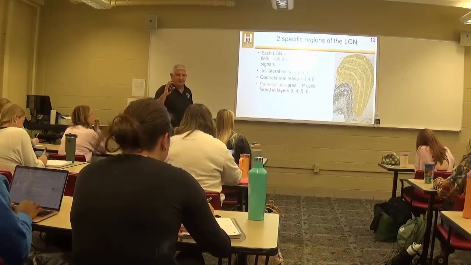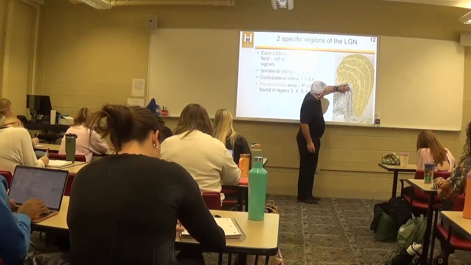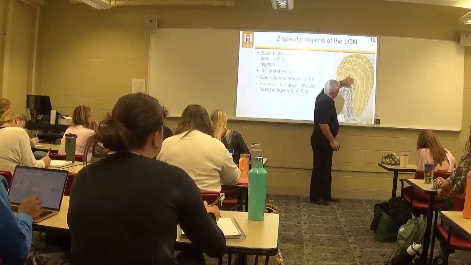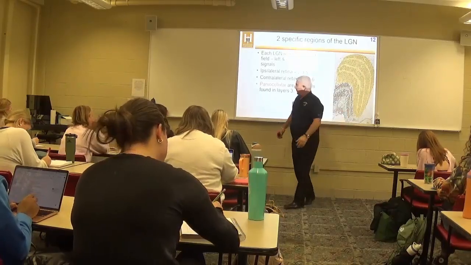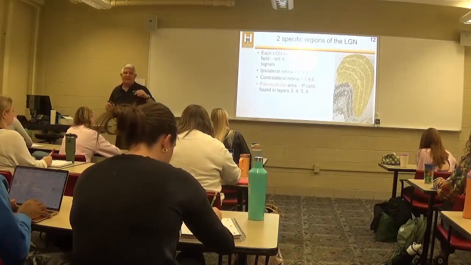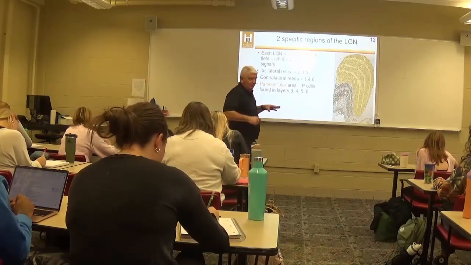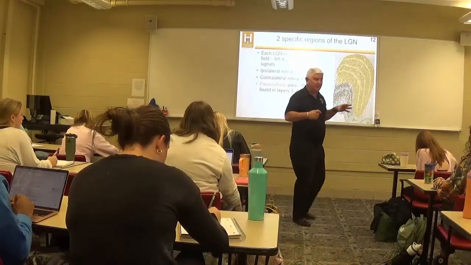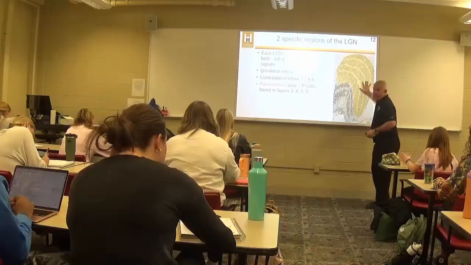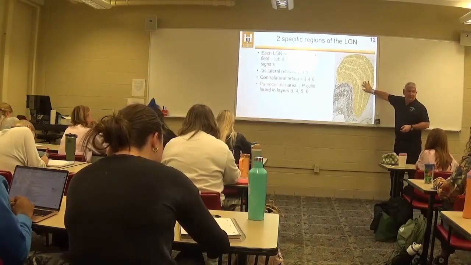This area is called the parvocellular area, and it's primarily receiving input from our cones. And where are our cones located in the retina? The fovea. So this is our precise color vision, and you can see 2/3 of the LGN devoted to our center of vision.